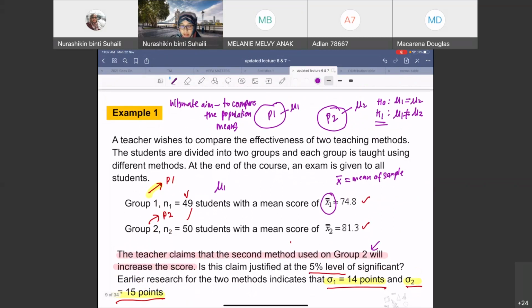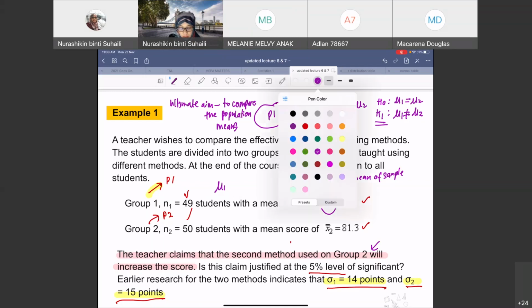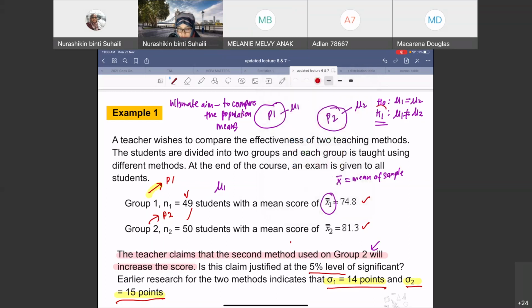So it is mu1 not equal to mu2, but there is a specific condition that the teacher wants to test. The more specific way to construct the alternative hypothesis is that mu2 will be greater than mu1.